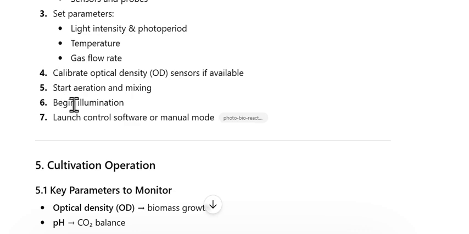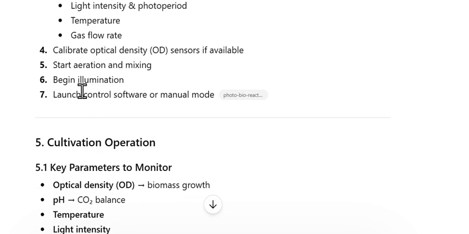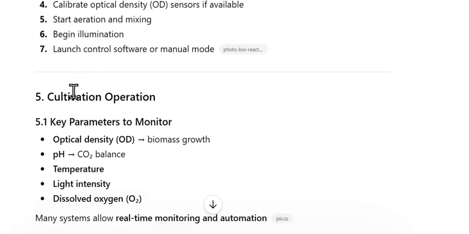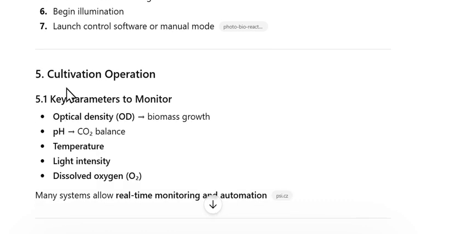We look at the aeration and mixing as well, through changes in pH, which depends upon the kinds of environment. And also we look at the light intensity through the process control system, or even through software.